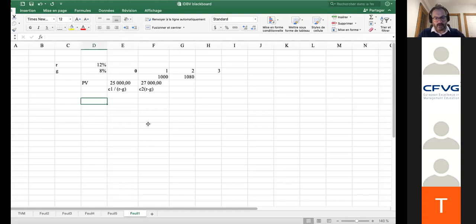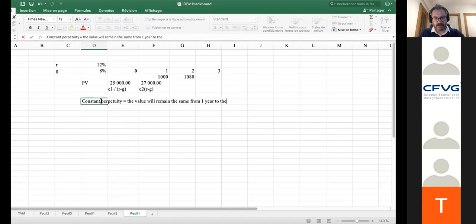When we talked about a constant perpetuity, the value will remain the same from 1 year to the other, because the cash flows are constant.